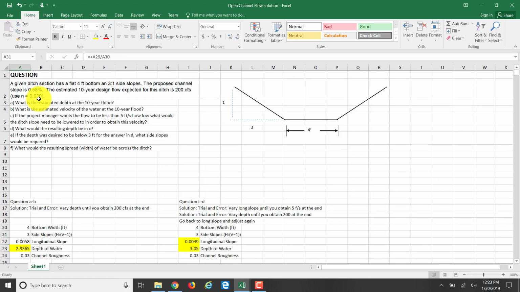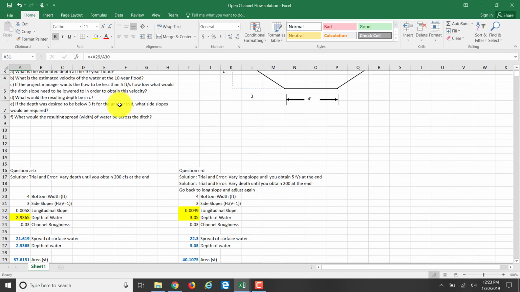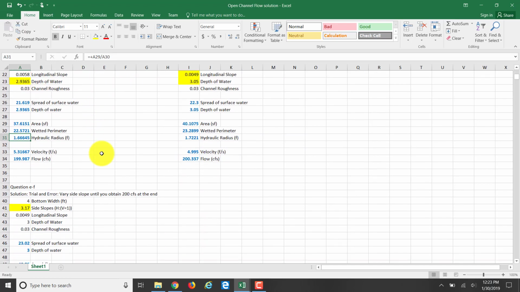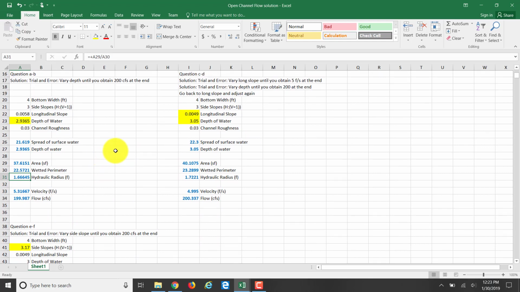So now I can come back over here, and the first thing I need to do is find the estimated depth of the water for the 10-year flood. What I needed to do, just by trial and error over here, as this says, is vary the depth until you obtain 200 cubic feet per second at the end, which I've already kind of done.